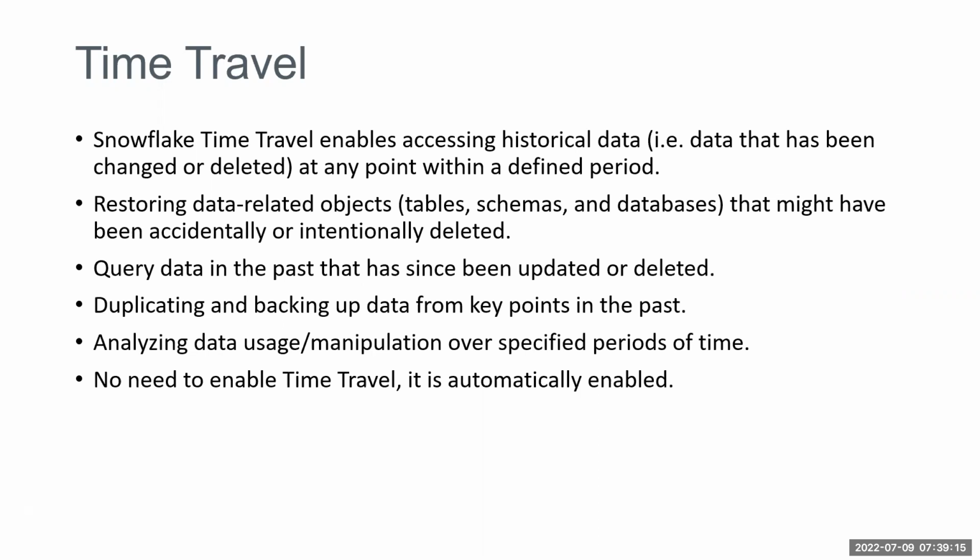And if I do that by mistake, and I want to go back to the previous copy of data, and I want to see the deleted records, or the records before they were updated, then we can use the time travel feature available in Snowflake. So it enables us to access the historical data that has been changed or deleted.